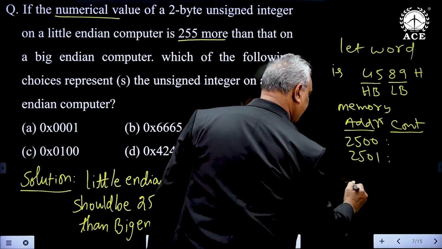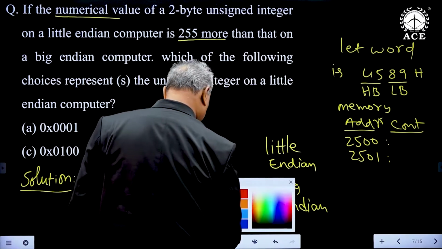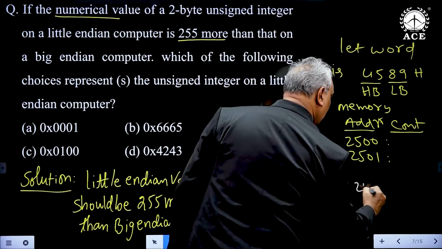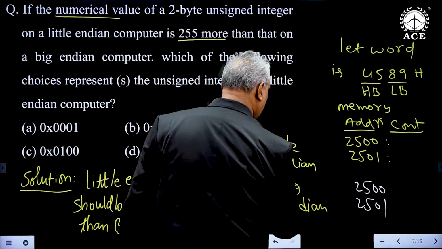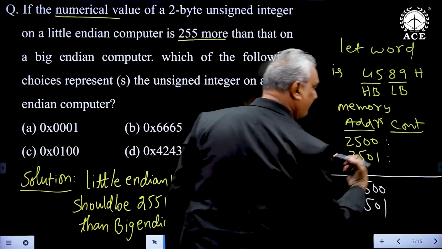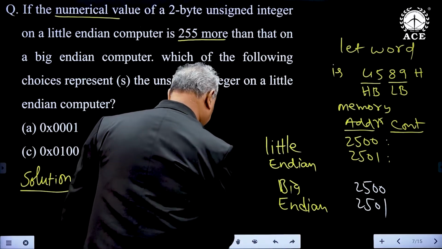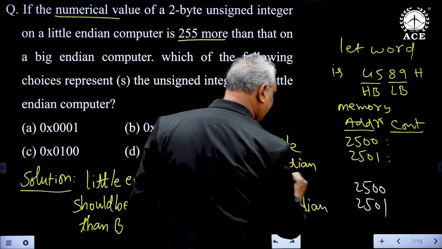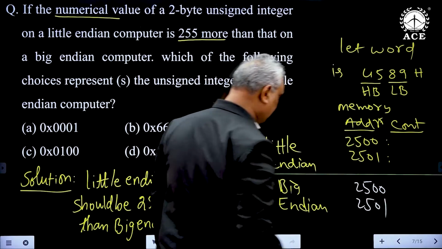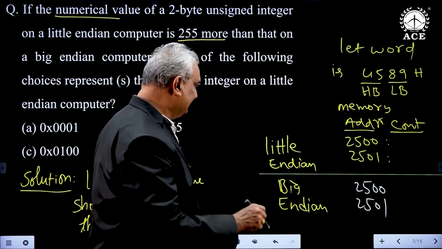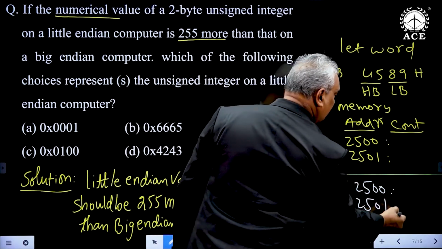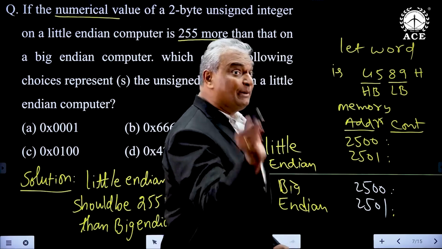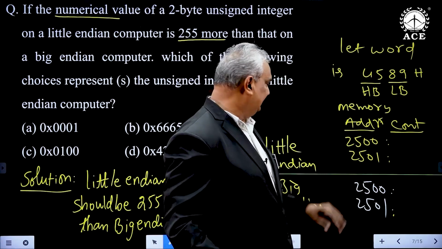Same memory address 2500, 2501. Upper one belongs to little endian and lower one belongs to big endian. In this, what about the procedure for storing this data here?